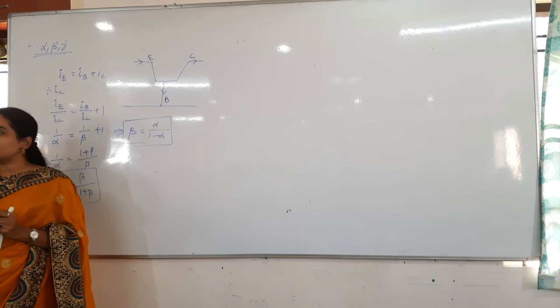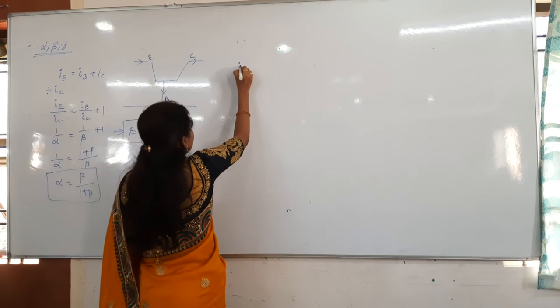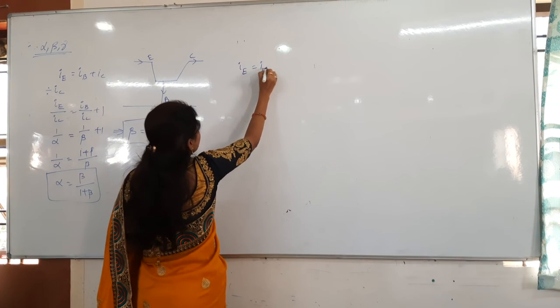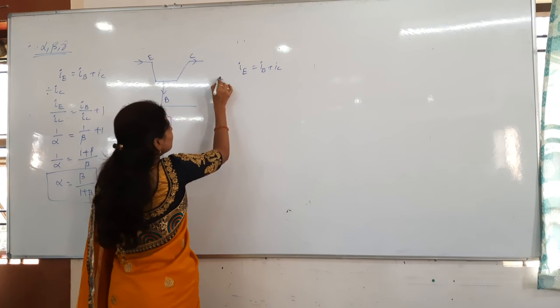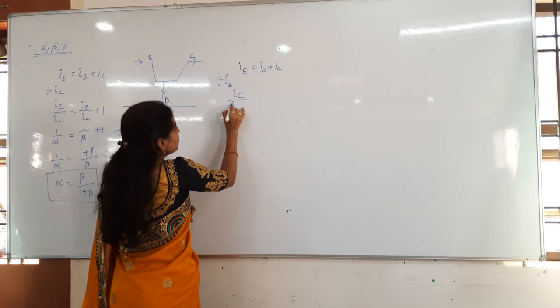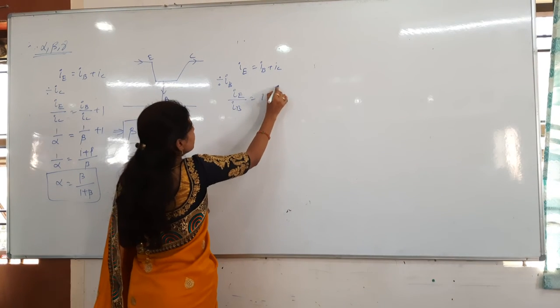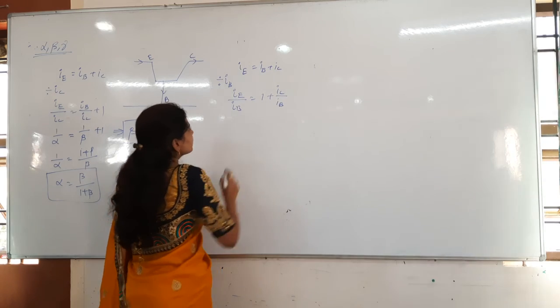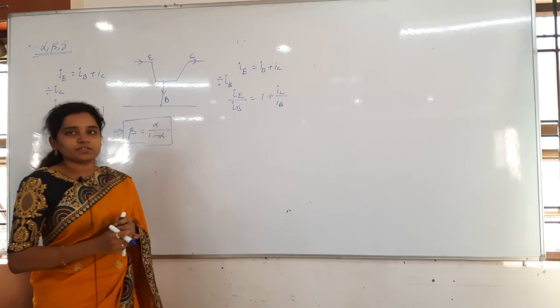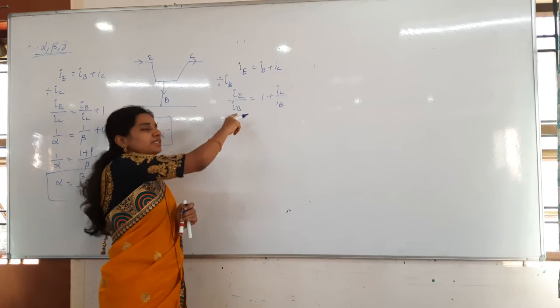Now I want to get the gamma. For that, I will take the same equation again. IE is equal to IB plus IC. Now divide with IB on both sides. Then IE divided by IB is equal to IB by IB, which is 1, plus IC by IB. In IE by IB, which is absent? Collector. Common collector configuration. Output is emitter, base is the input.